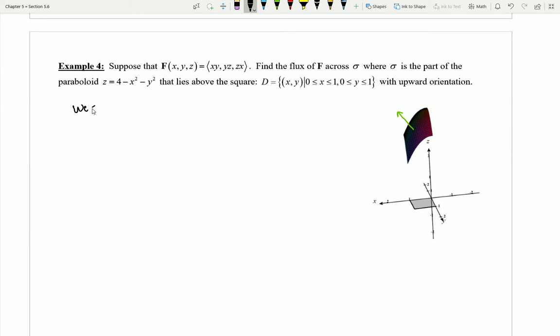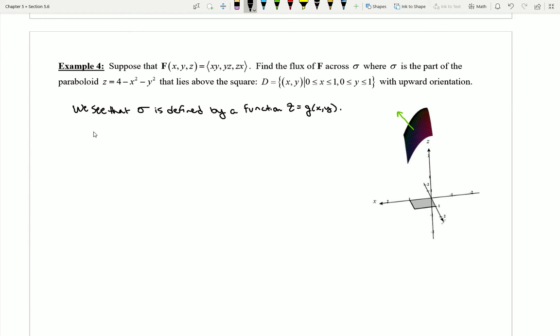So I'll start by saying we see that sigma is defined by a function z equals g of xy. G of xy here represents my 4 minus x squared minus y squared.